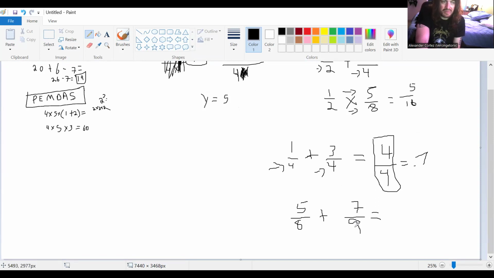Right, so here the denominators are not the same, so we can't just add the top ones. We're going to have to make the denominators the same so we can add just like if they were easy. How we do that is you take the opposite denominator and multiply it by the opposite fraction. So you're going to go 5 times 9 and 8 times 9.